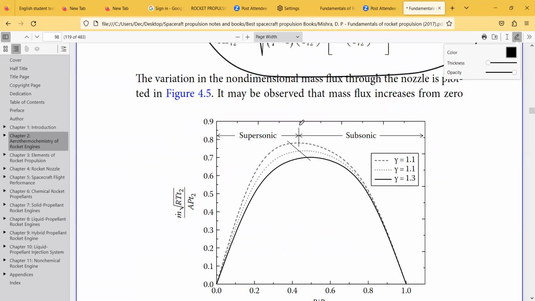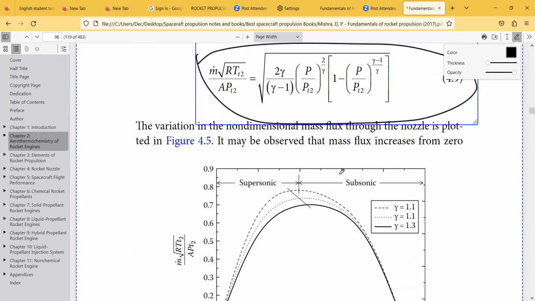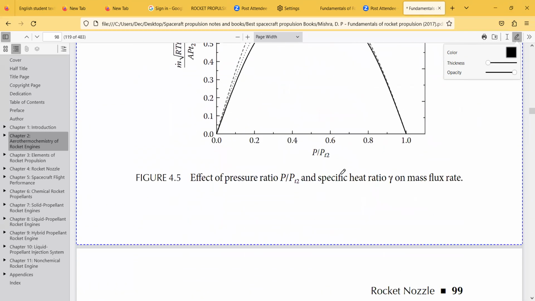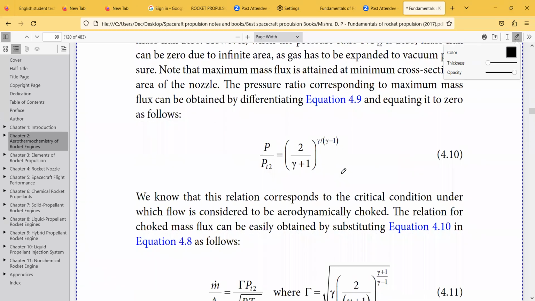For subsonic and supersonic regions, for various values of gamma, it is plotted like this. This is actually the pressure ratio corresponding to maximum mass flux, given by this formula. This is the pressure ratio for maximum mass flux.